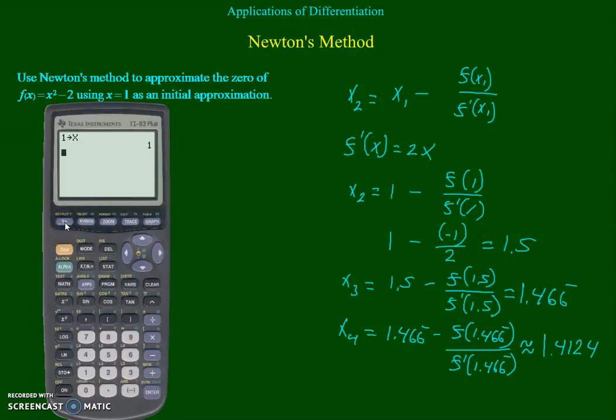What I'm going to do then is go to y equals, and insert my function, which is x squared minus 2, and my derivative function, 2x. Now I'm going to go back to the primary window and enter this approximation method.